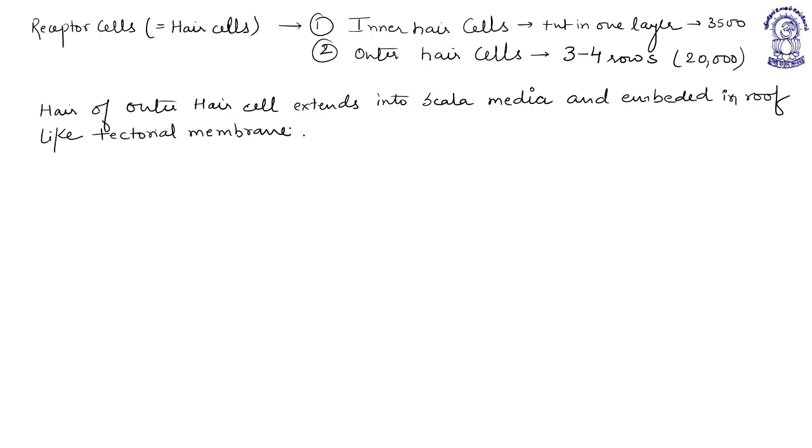So the hair of the outer hair cells, which are present in 3 to 4 rows and number around 20,000, extend into the scala media and are embedded in the roof-like tectorial membrane.